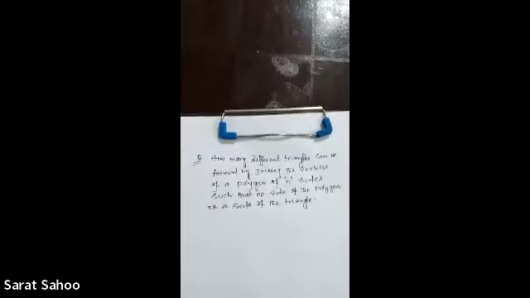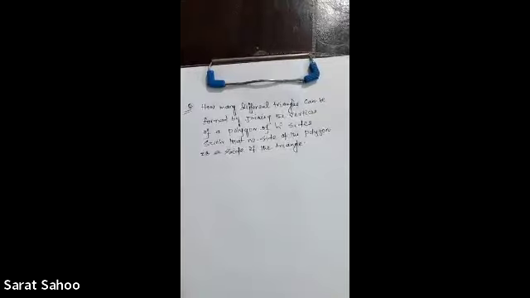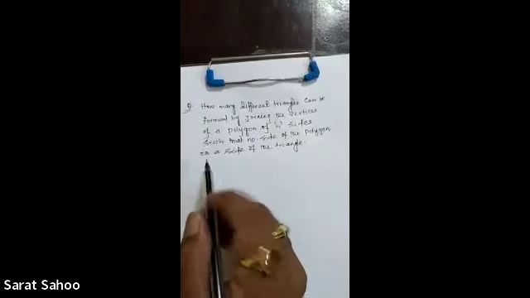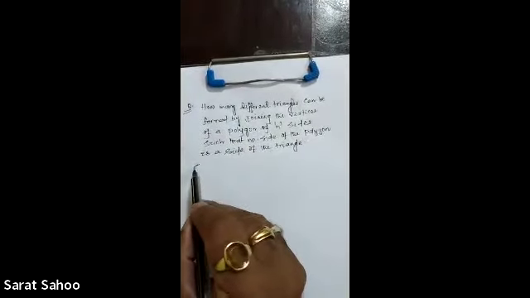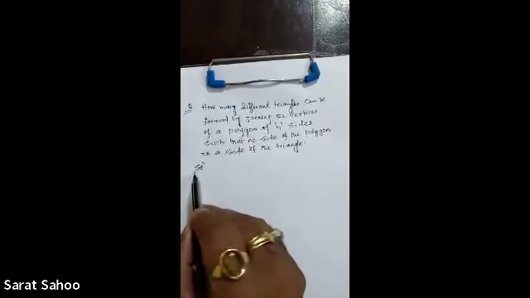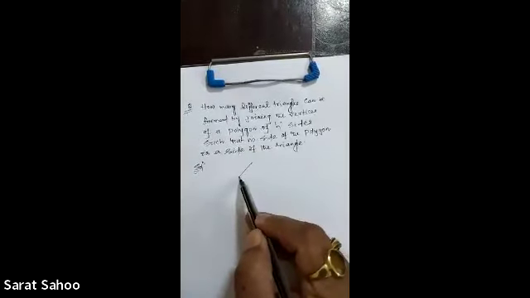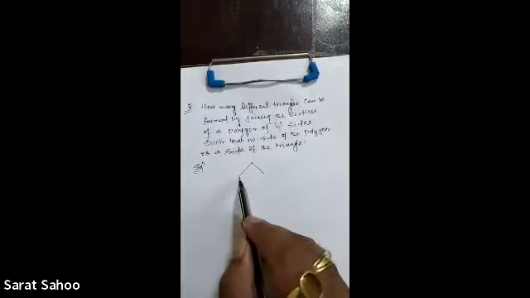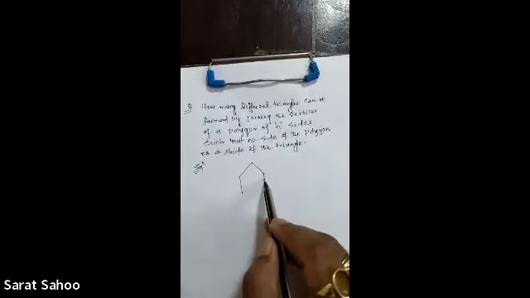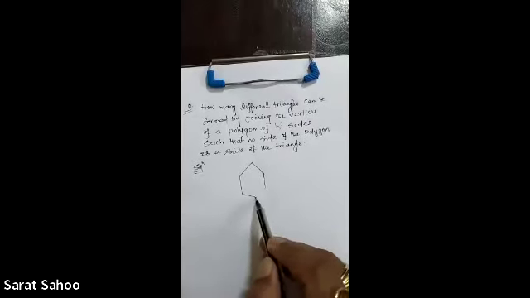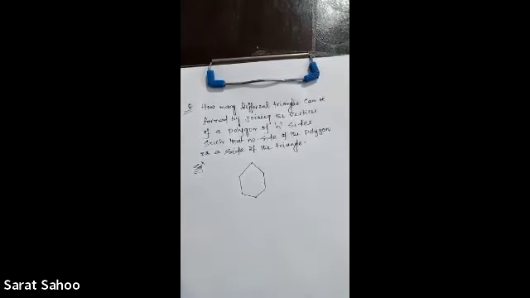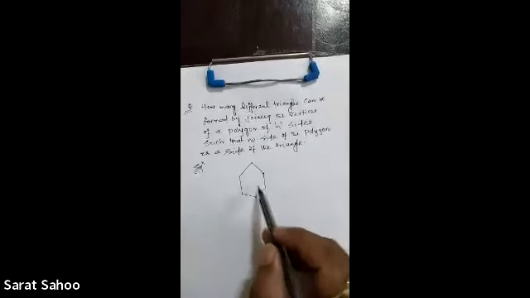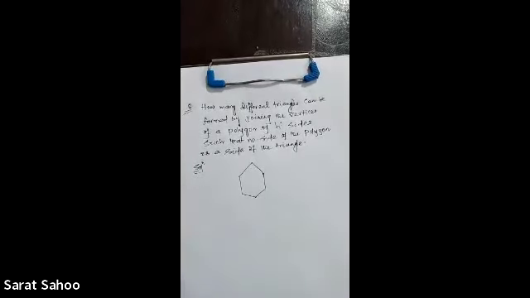Okay, let me solve it. It will be better if you take the case of a hexagon. So this is a hexagon, a polygon of 6 sides. Join of any 3 points gives you a triangle.